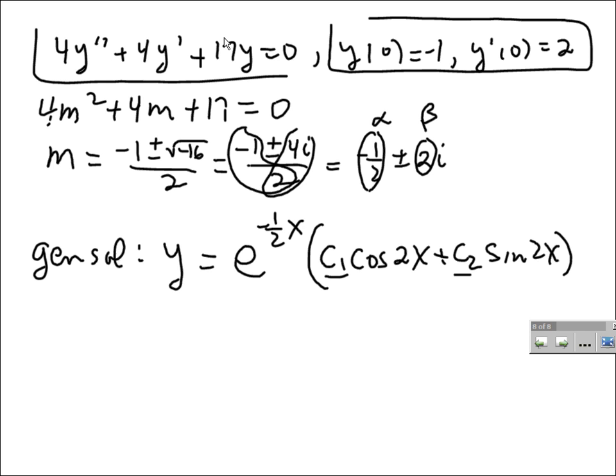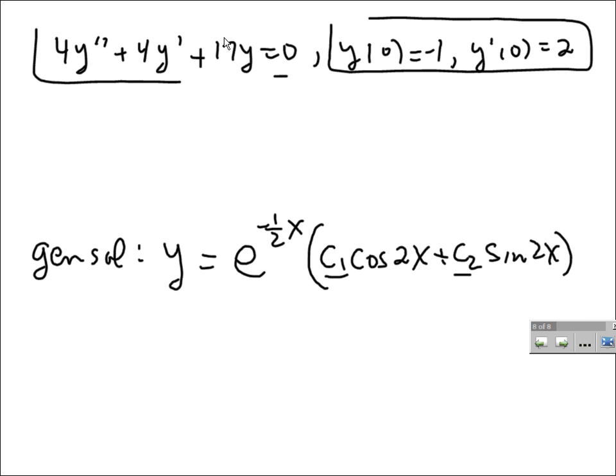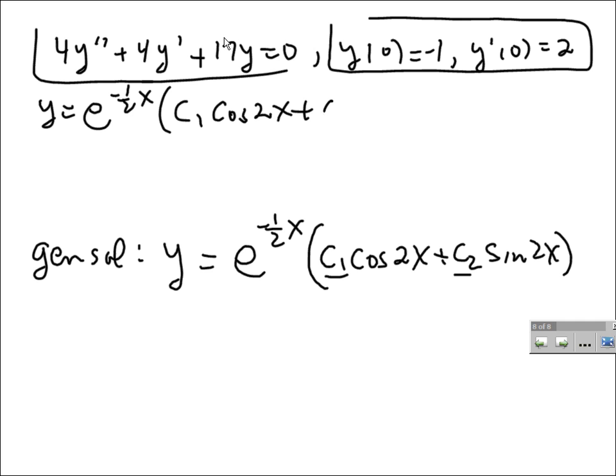So we need to find c1 and c2. I'm going to bring this up to the top. And notice everything that I just erased, including the steps I didn't include, was just basic high school algebra type problems. So we know that y is equal to e to the negative 1/2 x times c1 cosine of 2x plus c2 times the sine of 2x.